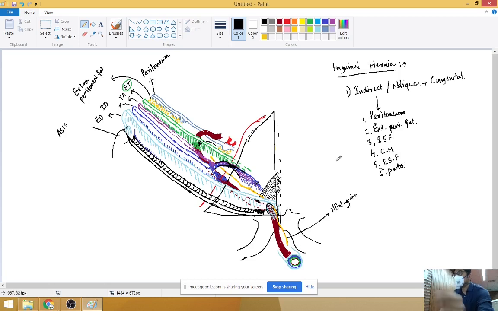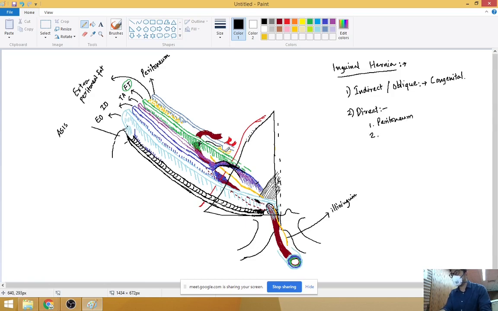Now the same thing, if it happens from here, if we see it for the direct. First it has to take the peritoneum. So the first is the peritoneum.